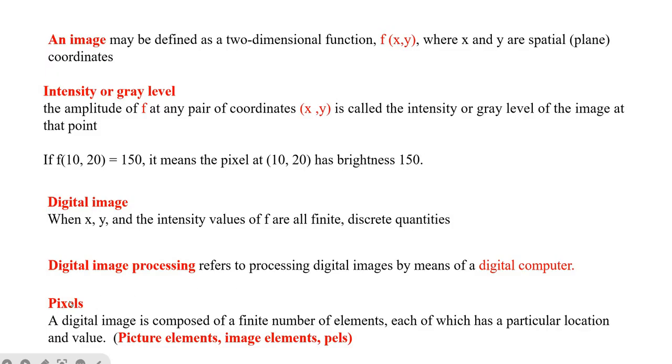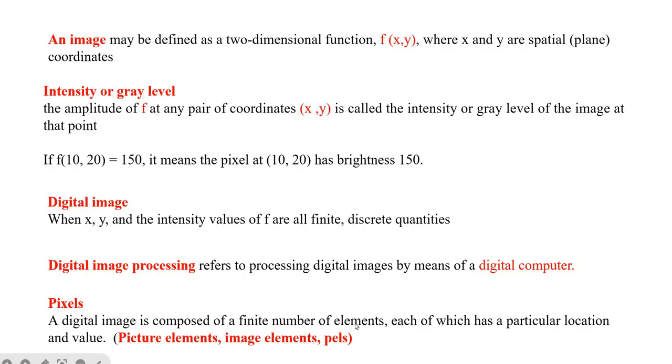Next comes the pixels. A pixel is the smallest unit of a digital image. A pixel is nothing but a location, that is its position in the image, and a value, that is the intensity, brightness, or color. So in general, you can define the pixels as the finite elements of the image.